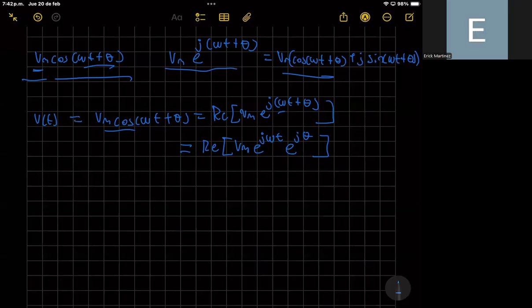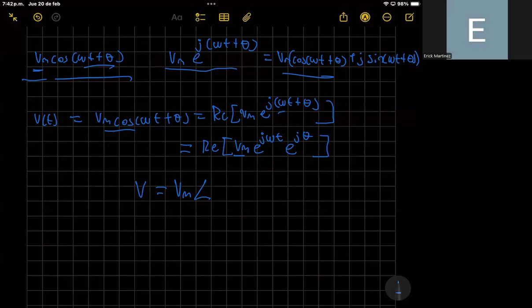And a phasor is often denoted by a capital letter. In this case, I am using the capital letter B, that is equal to this value Vm, the amplitude of my original sinusoidal, and I will express this phasor in polar form.